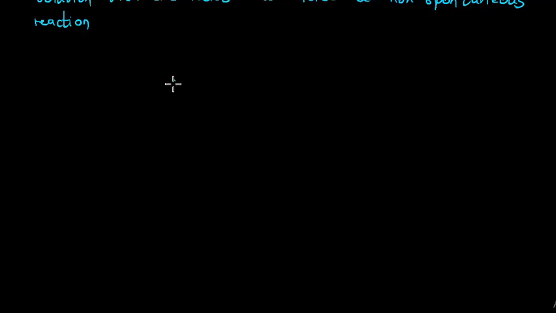So what we're going to have is different than with the galvanic cell. We are going to have a single container, and in this container we are going to have a solution.